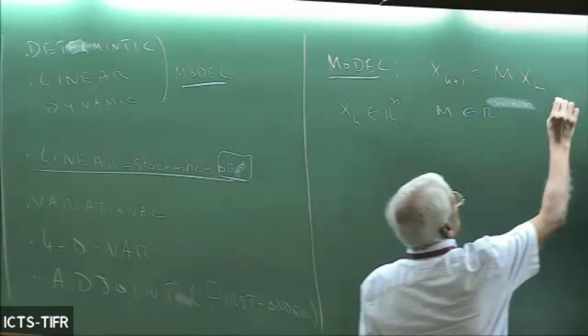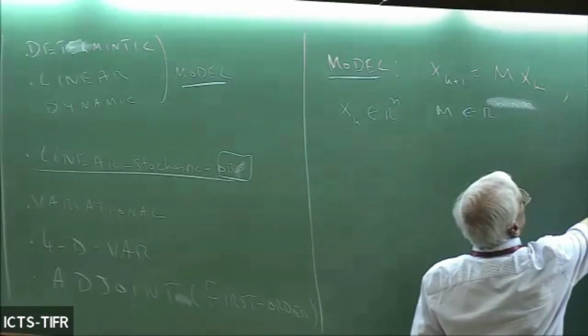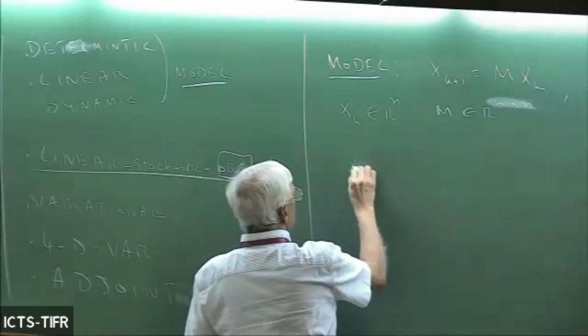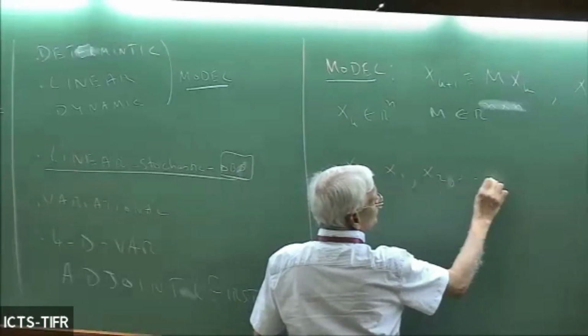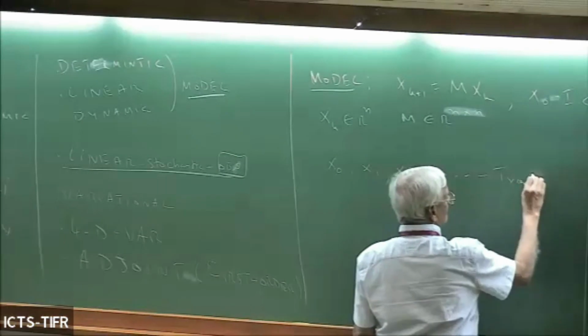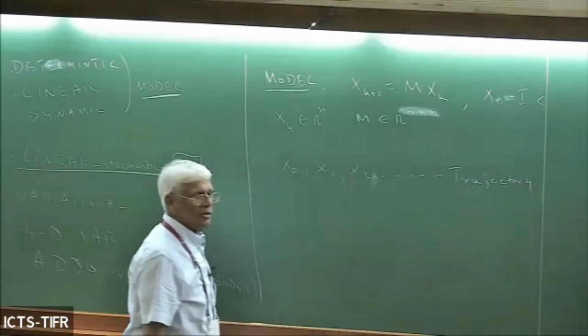X naught is the initial condition. So if I run the model forward in time, I will generate the sequence of states. So this is called the trajectory of the model. Model trajectory starting from the initial condition.